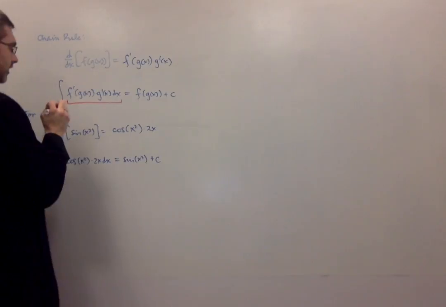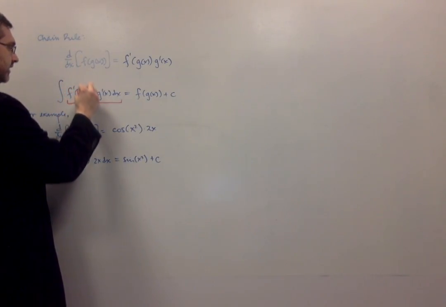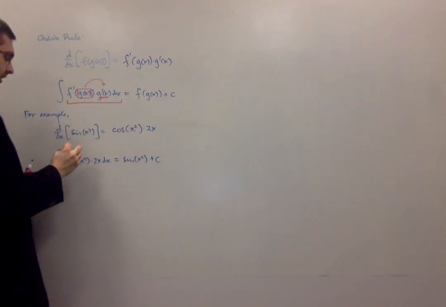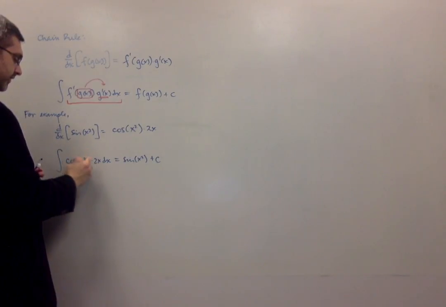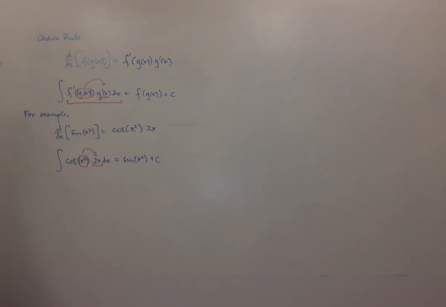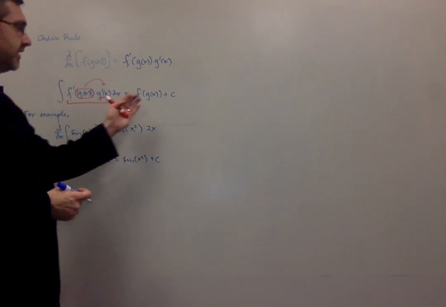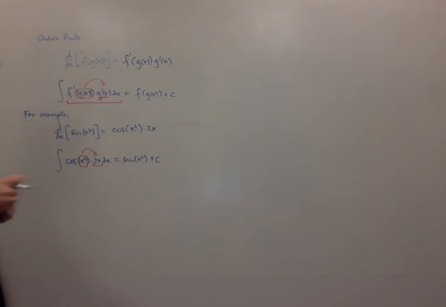In other words, I've got a function, and then inside of it is another function, and the derivative of that function is sitting out here. So you see that, for example, right here, the derivative of x squared is sitting right out there. Do you see how that format is in this perfect format that allows me to reverse the entire process, because it exactly looks right.